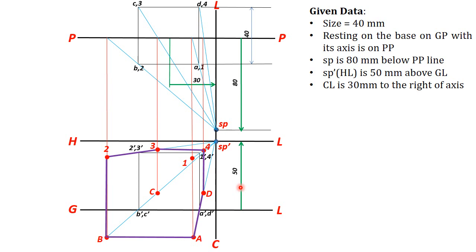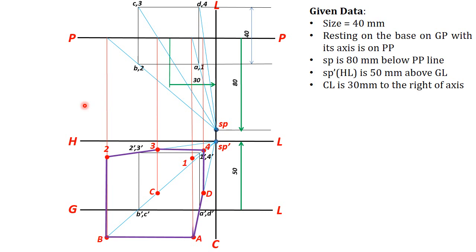Now after joining all these boundary lines, let's find an edge or a point which is nearer or far. If it is nearer, that will be visible. If that edge is far away from the station points, front view and top view, that edge will be invisible.